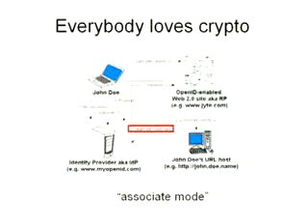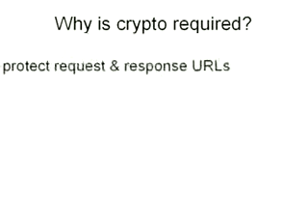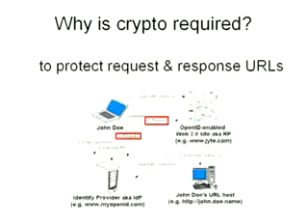So after the information has been downloaded and the OpenID server and the OpenID username have been stripped out of that HTML page, the OpenID-enabled website contacts the identity provider directly to negotiate cryptographic keys. The reason cryptography is required is to protect request and response URLs.